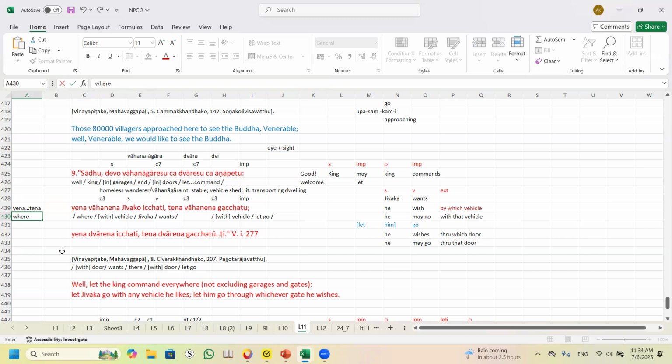Tena you put two. Technically it's like that. Yena means an indication from where to somewhere. Yena, Tena, this is always like that.